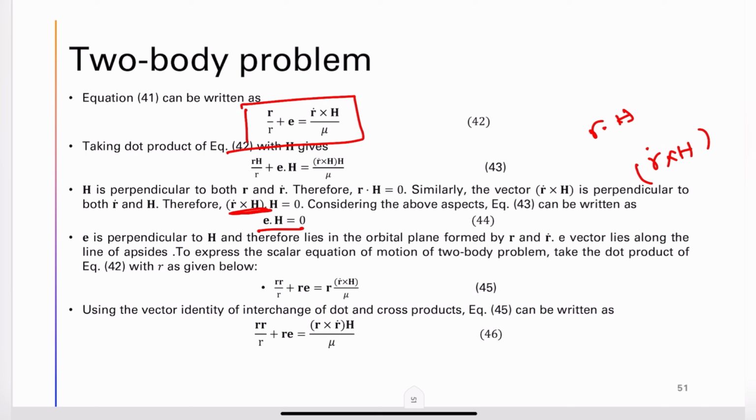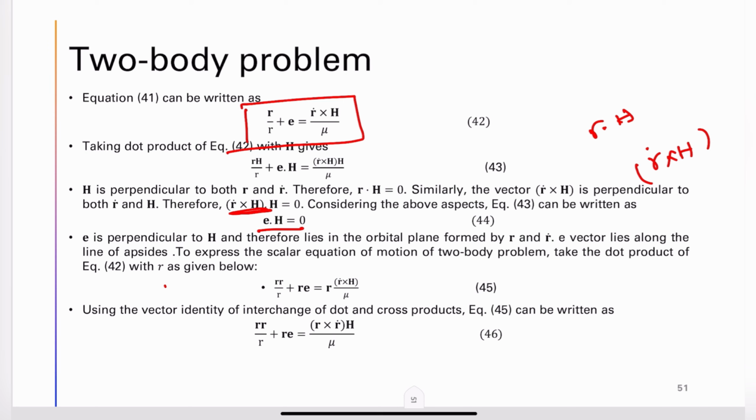Now to express the scalar equation of motion of the two body, we take the dot product of equation 42 with r. We have taken the dot product with h before, and proved that e is perpendicular to h. Now again we take the dot product with respect to r for the same expression, 42. So under that condition, r into r divided by r plus r into e. Dot product is usually the projections.